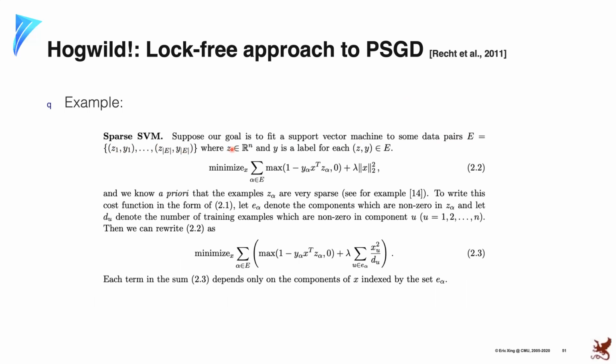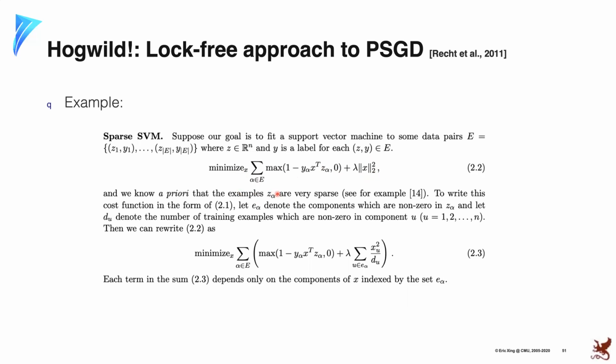Each of these z is an n-dimensional input vector, and y is a label for it. Here x is the parameter. We're trying to find the x that minimizes the hinge loss plus the penalty.